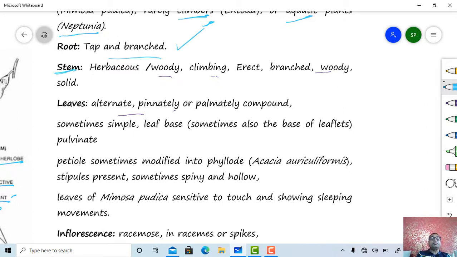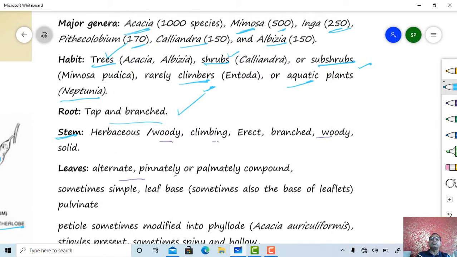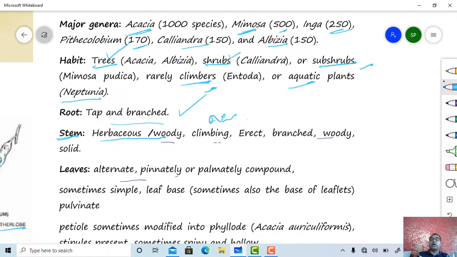Just see the stem. As you have seen, the plant is either a shrub, herb, or tree. Therefore, the stem becomes herbaceous or woody. It is aerial, erect, branched, solid. In case of climbers, the stem is a climber, branched, and solid, not fistular.